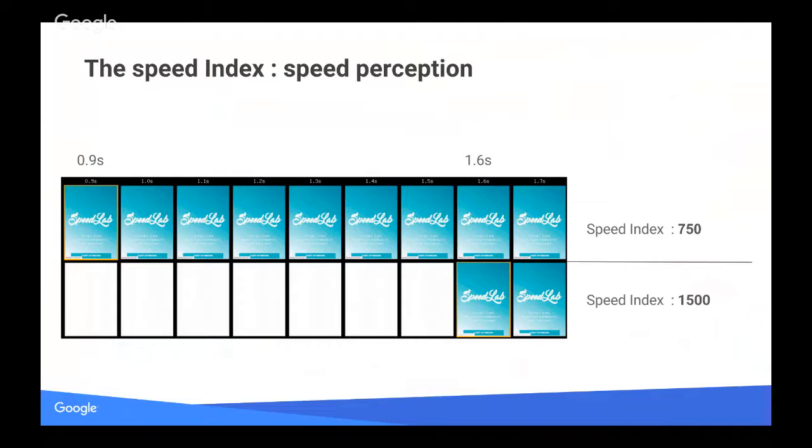The other page displays a blank screen and displays the above the fold part in 1.5 seconds, and that's why the speed index is 1005. So the speed index measures the number of milliseconds where we show a blank screen to our users. And this is very important because we don't want to leave users with a blank screen for too long.